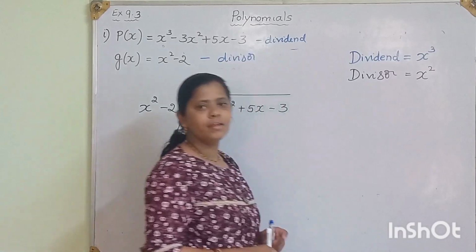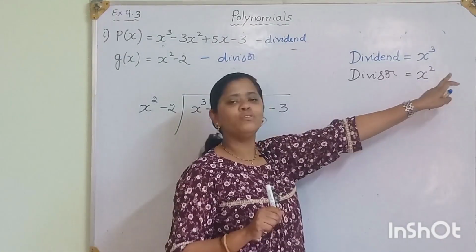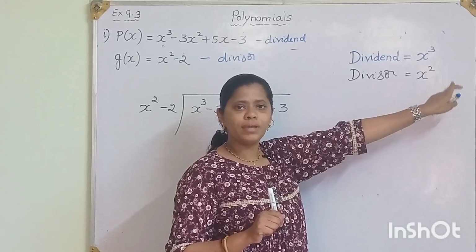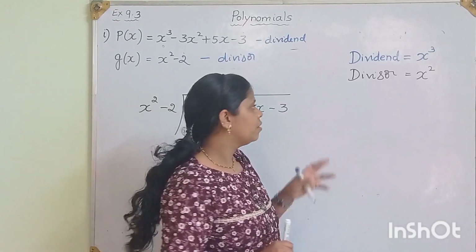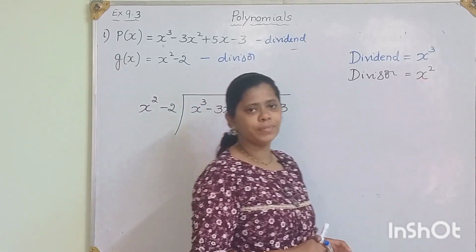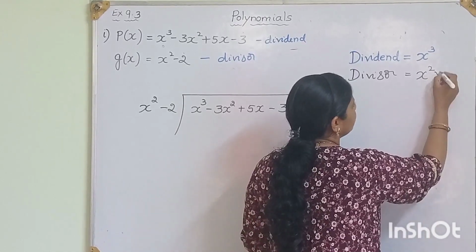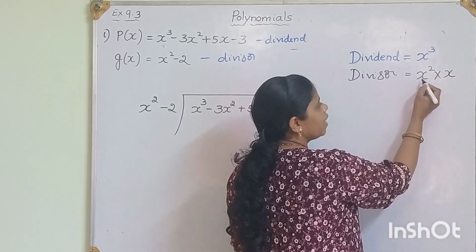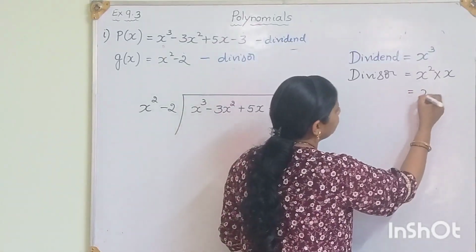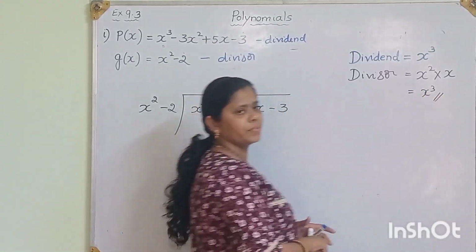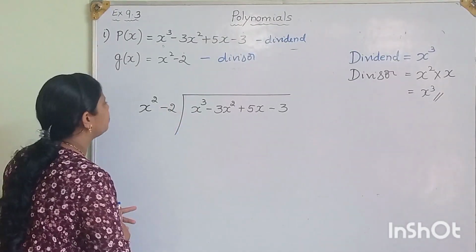Now, listen carefully. Which term do I have to multiply here to get x cube as the answer? We have to multiply x, right? When we multiply x, we will get x cube. Therefore, let us multiply x here.